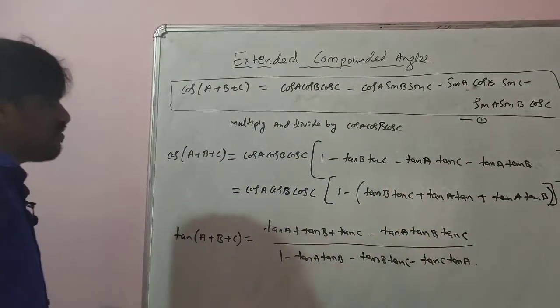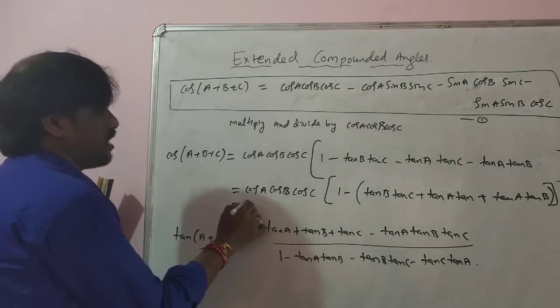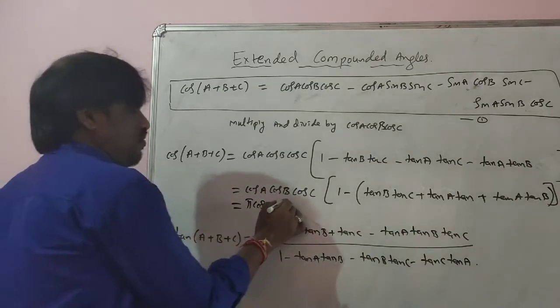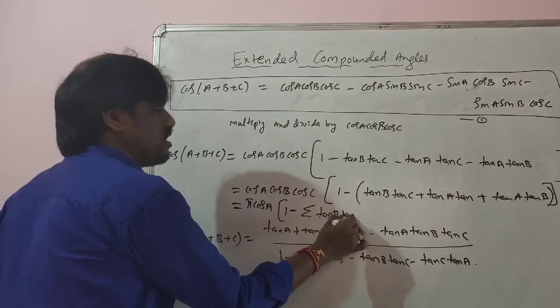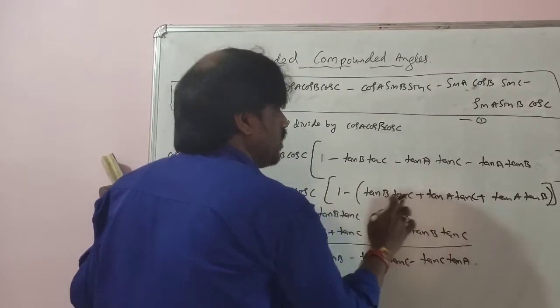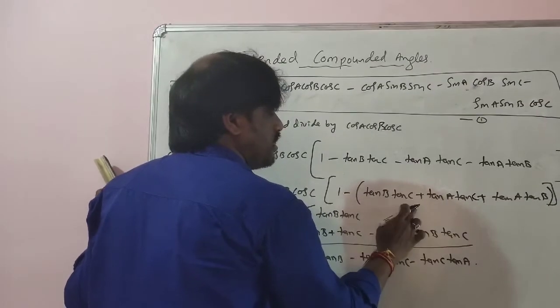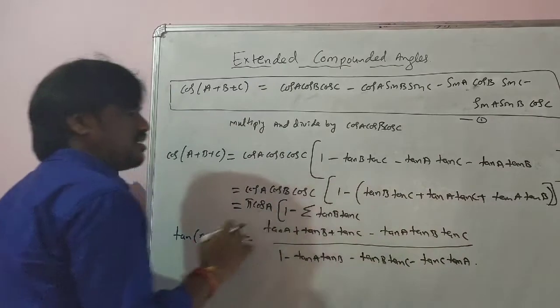So cos A cos B cos C is the product, which can be written as pi cos A, and the bracket 1 minus this can be written as sigma tan B tan C, because you have the pattern repeating: BC, AC, AB. So BC ones, AC ones, AB ones, the pattern is repeating.